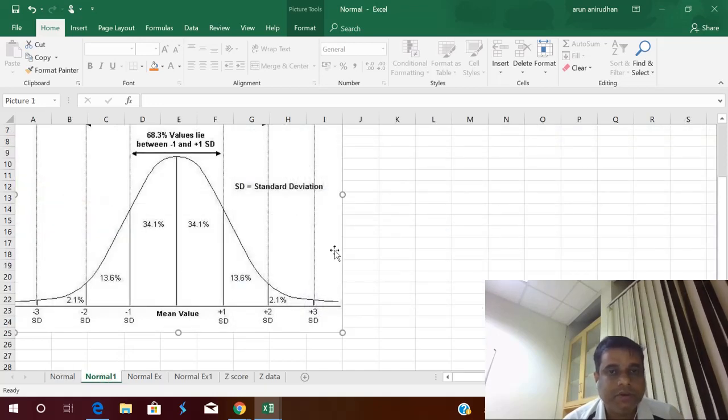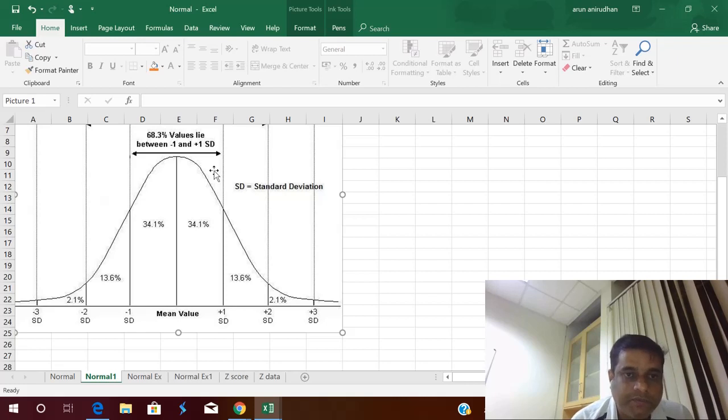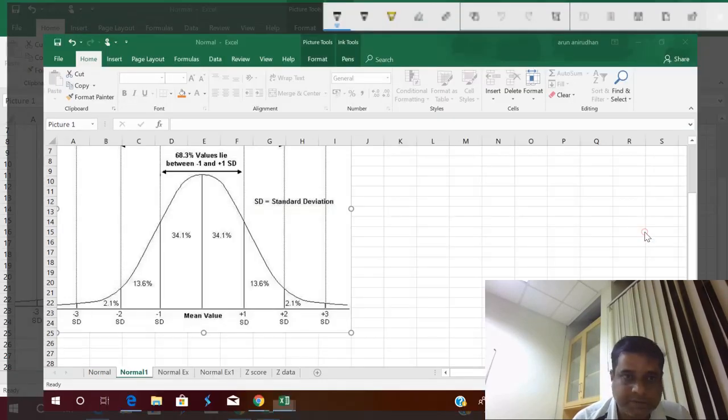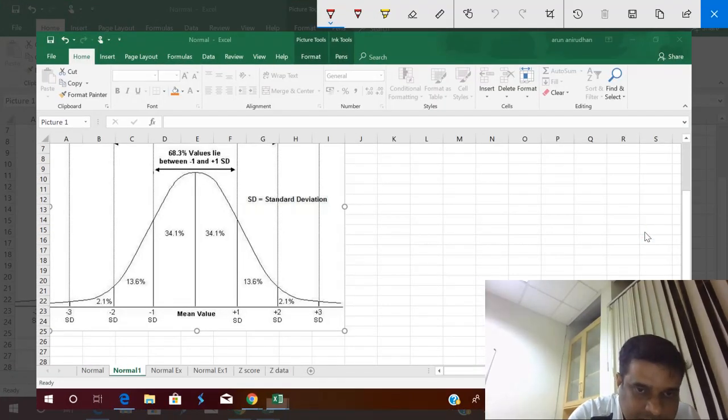So this one is more precise. So it says 68.3, and how, so half of it, 34.1, 34.1. So it is just distributed, nothing else. As you can see, I'll just show that. This is one standard deviation, one standard deviation.